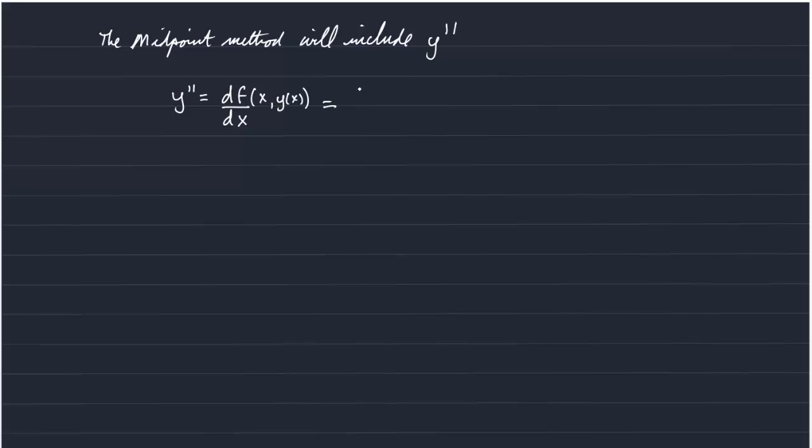And that's equal to the partial of f with respect to x plus the partial of f with respect to y times dy dx. So this describes the full rate of change of f with respect to x. There's a part that's only a function of x, and then there's f changes with y, which is also a function of x.